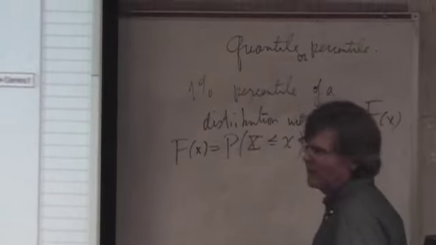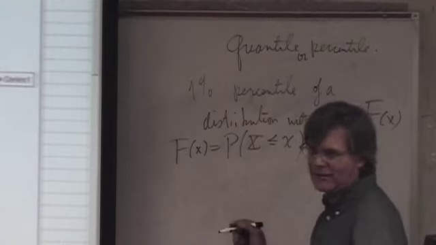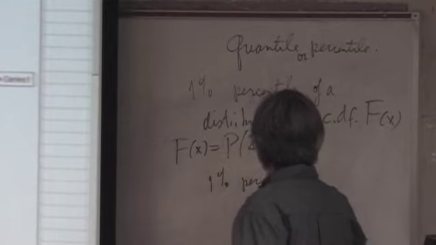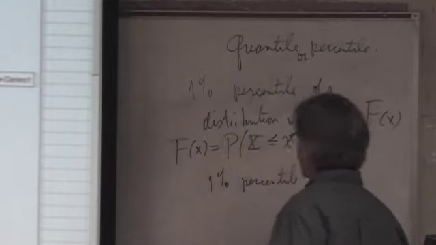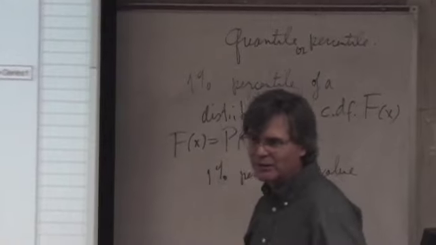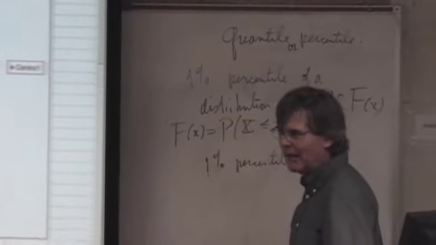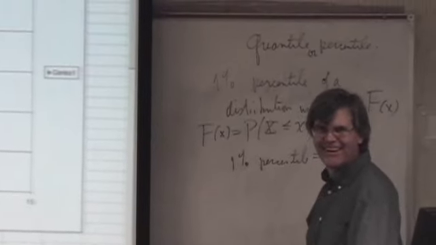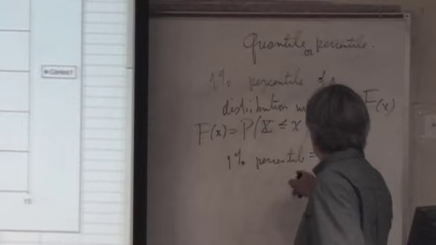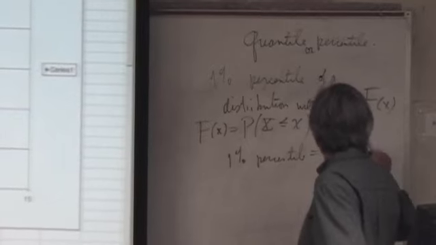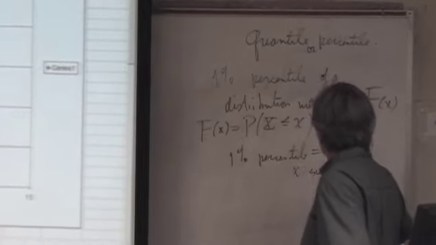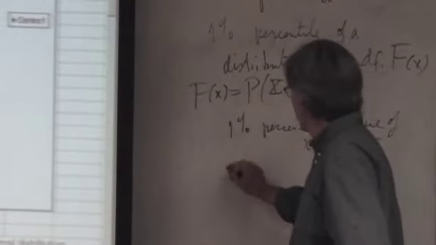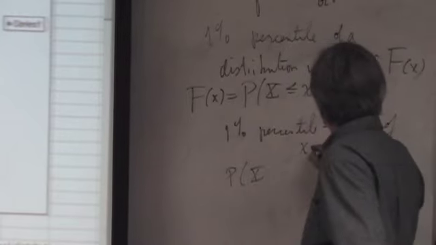So what's the 1% percentile? It's a value of x, and we'll assume that X is a continuous random variable, so age goes continuously. We can talk about somebody aged 7.3 years. The 1% percentile equals the value of x such that the percentage of people who have ages less than or equal to that is 1%.